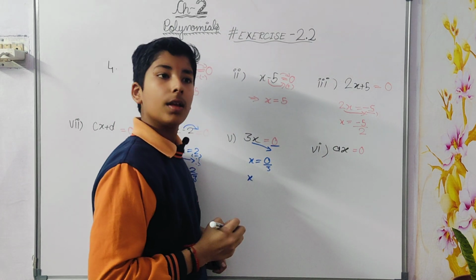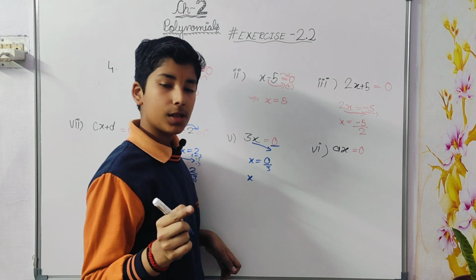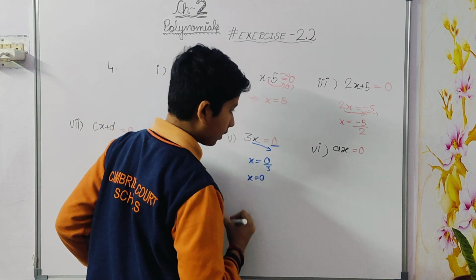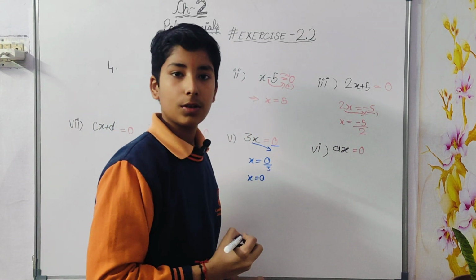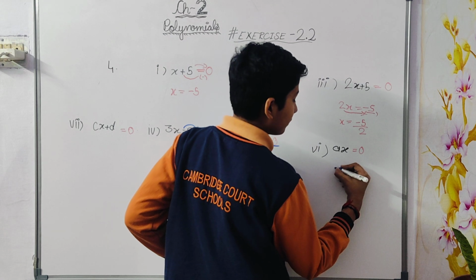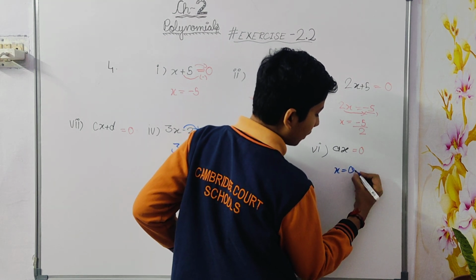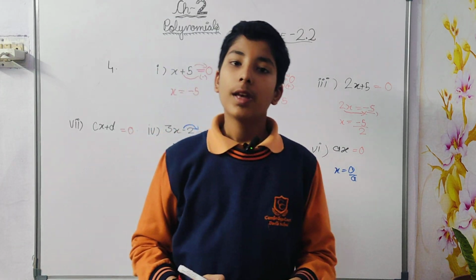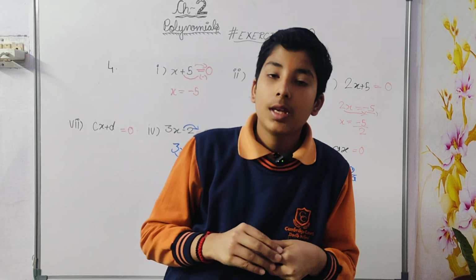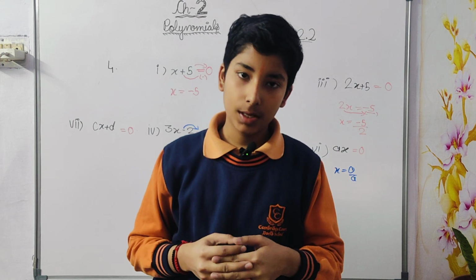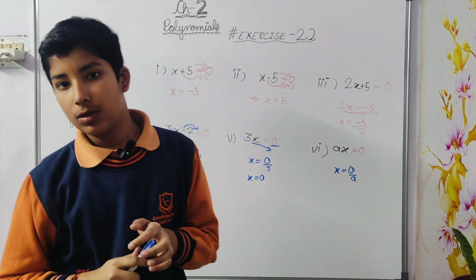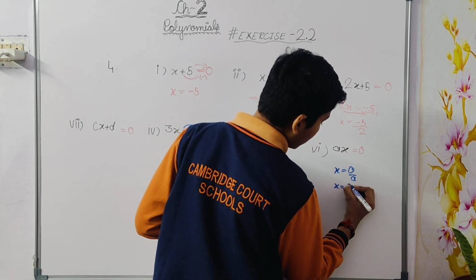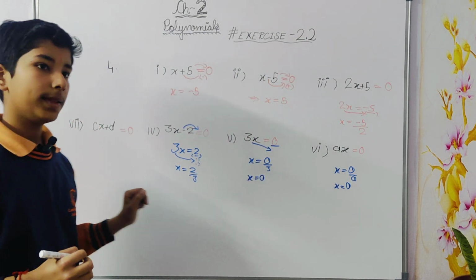Any number which is dividing 0, the answer will be 0 only. Yes, 0 we have got. Ax equals to 0, so x equals to 0 upon a. We do not know the value of a. It can be anything in the universe. Even if infinity is put over there, we will put the answer as 0 only, because I have told you the reason. Any number which is dividing 0, the answer will be 0 only.